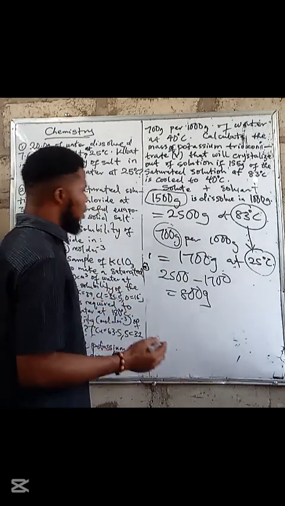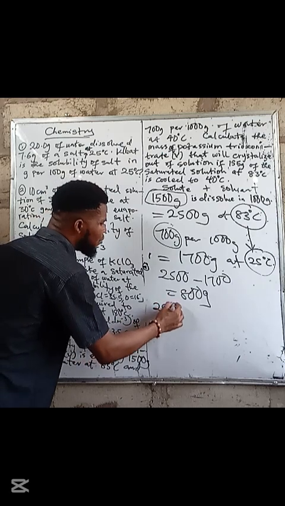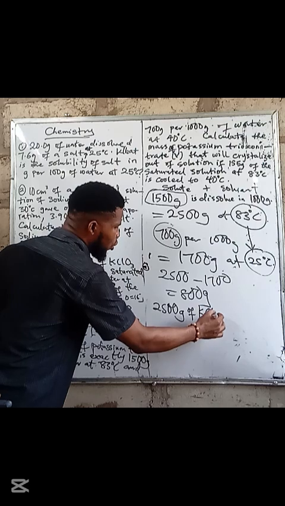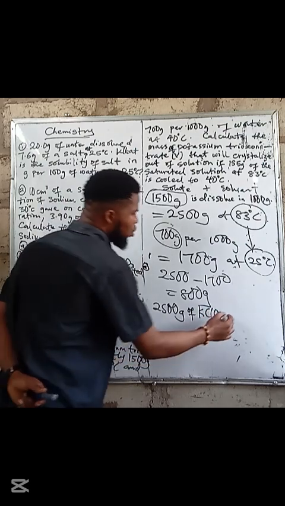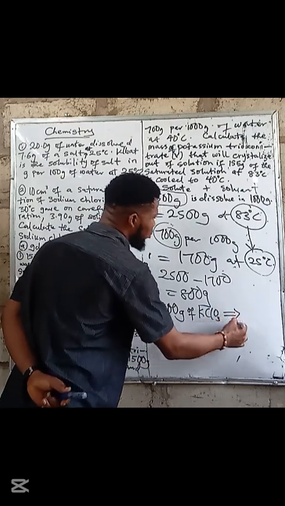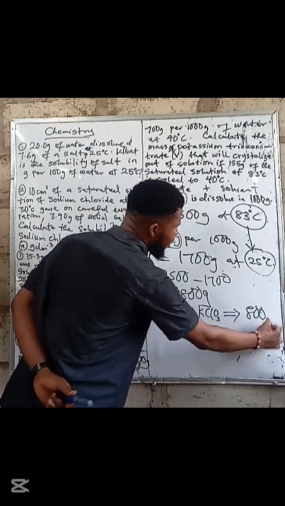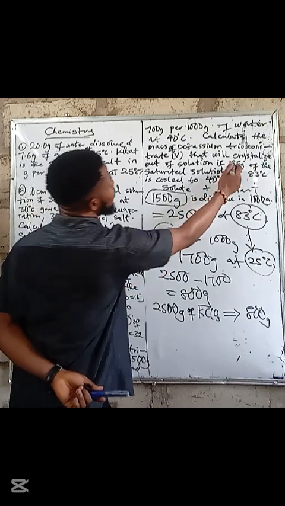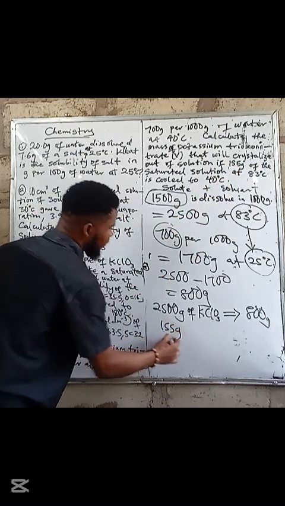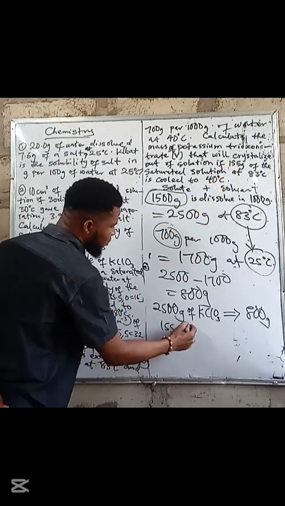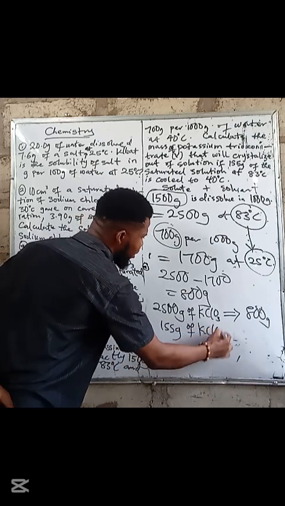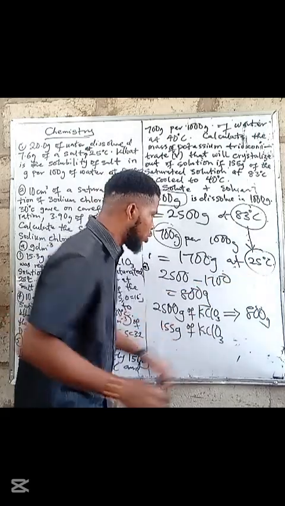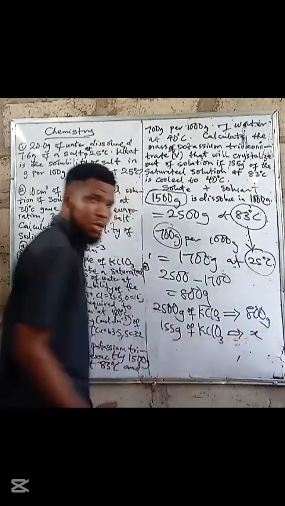So what we are saying is that 2,500 grams of potassium nitrate solution will crystallize out 800 grams, right? So this mass, 155 grams of potassium nitrate solution, if cooled from 83 degrees Celsius to 25 degrees Celsius, will crystallize out X. You understand?